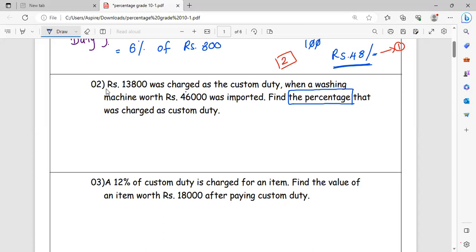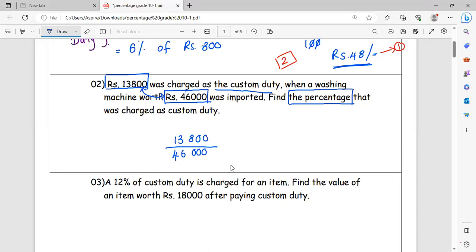Now you have been given that the amount charged as the tax or the customs duty when the worth of the item is 46,000. That means we can build up a fraction. When the worth of the item is this one, the tax paid is 13,800.